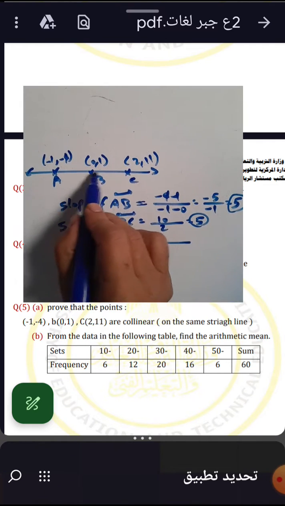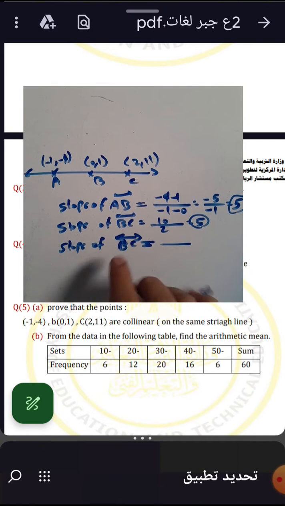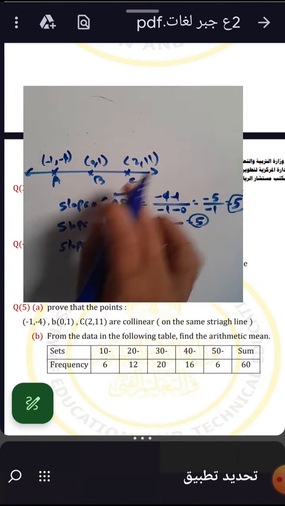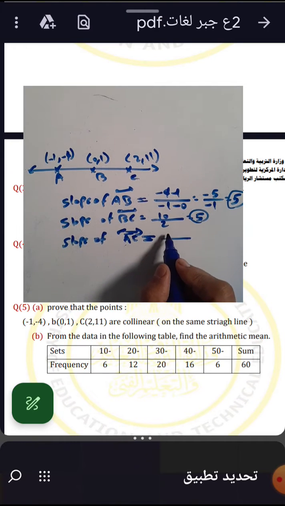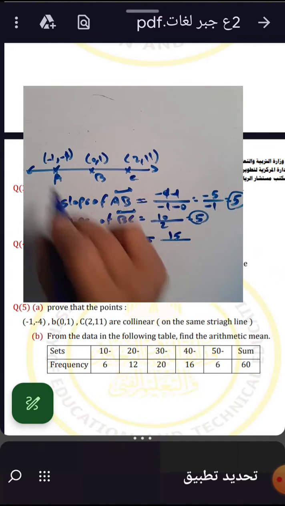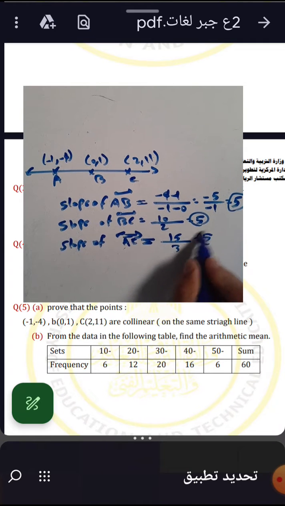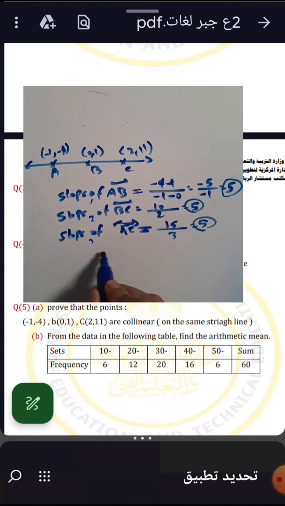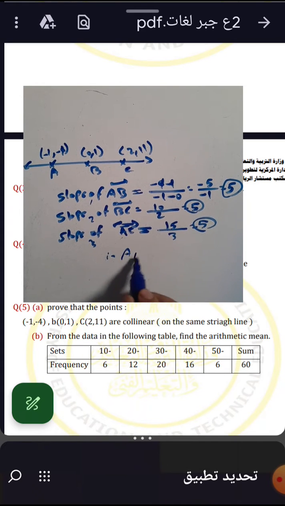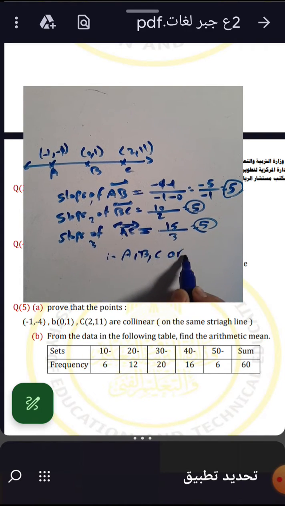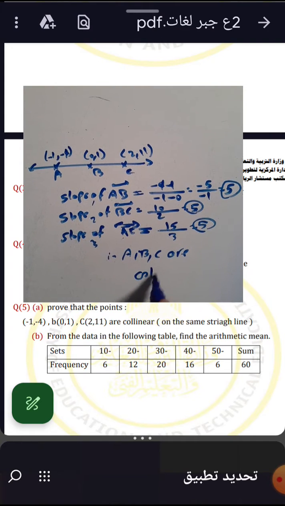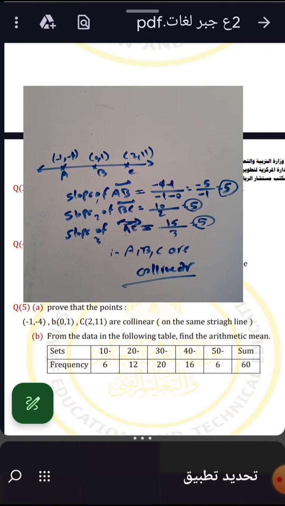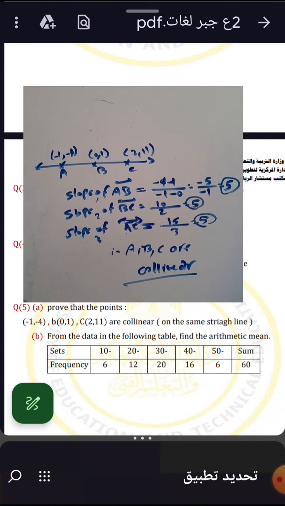Slope of AC, 11 minus 4, it will be 15, and 2 minus 1, it will be 3, the result will be 5. Then slope 1 equals slope 2 equals slope 3. Then points A and B and C are collinear. Collinear means they are on the same straight line.